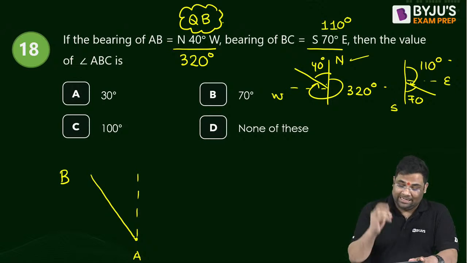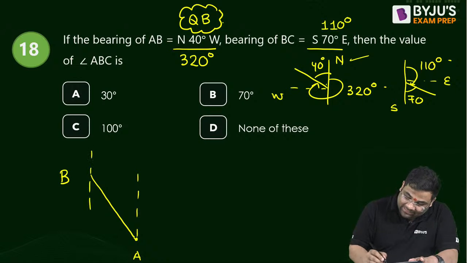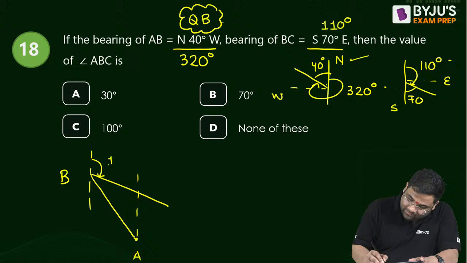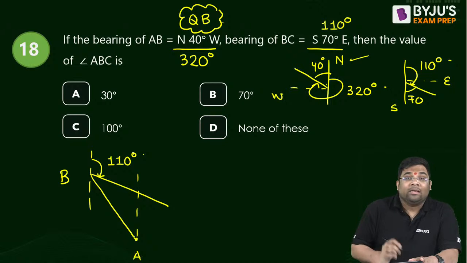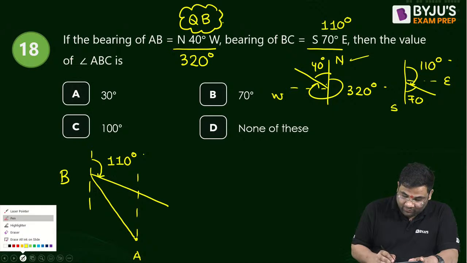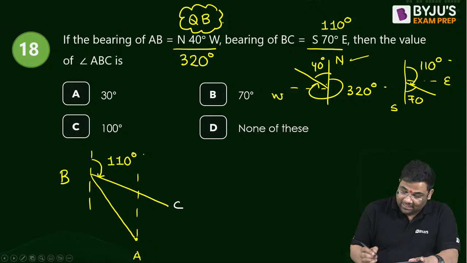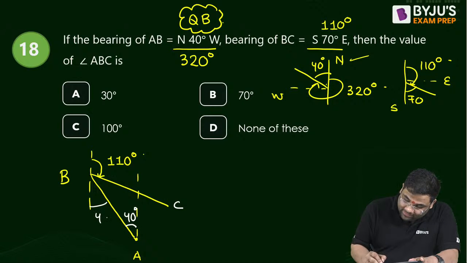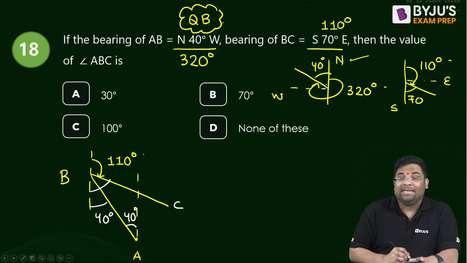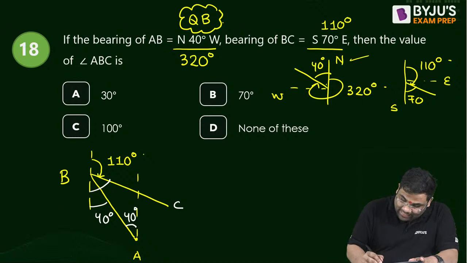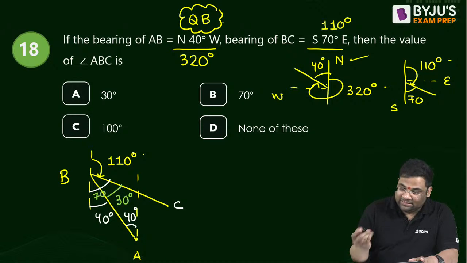BC is 110 degree. So BC is this one, 110. Now you see, very easy. Once you draw the diagram, it's very easy. You see this is 40, so this also will be 40, right? And this angle is 70. So what is this angle then? This angle is 30 degrees: 70 minus 40 is 30.